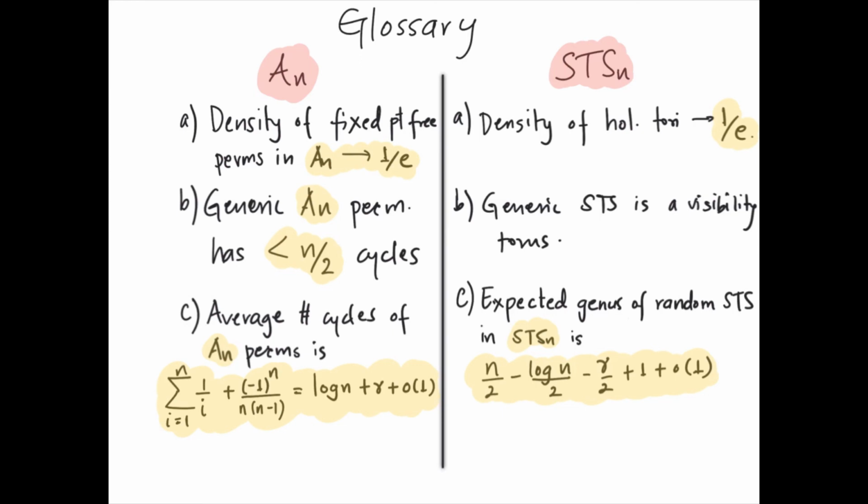of the Euler characteristic formula, which is 2 minus 2g is equal to v minus e plus f, the number of vertices minus edges plus the number of faces.